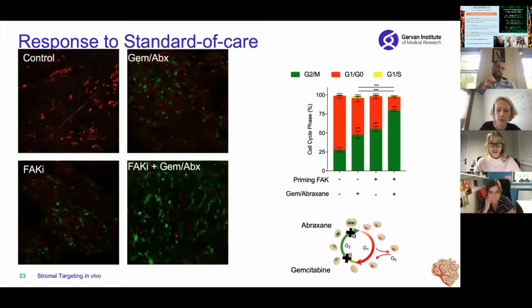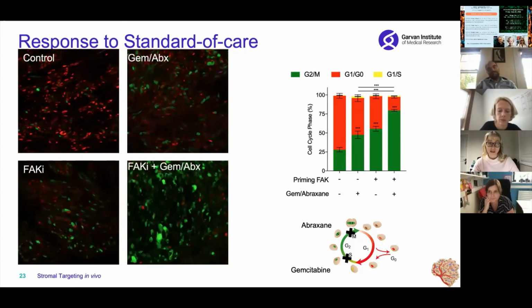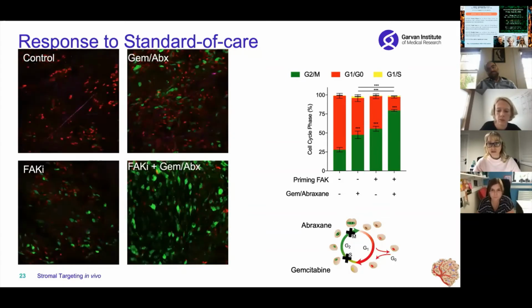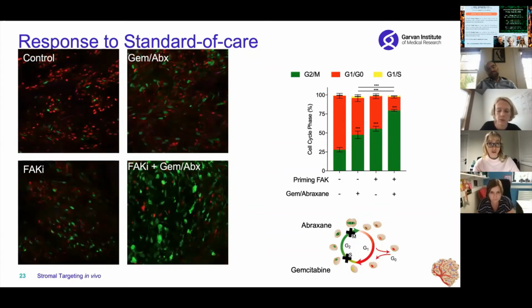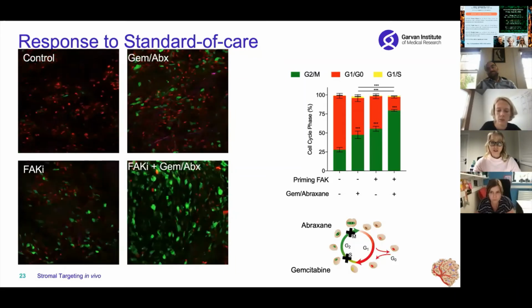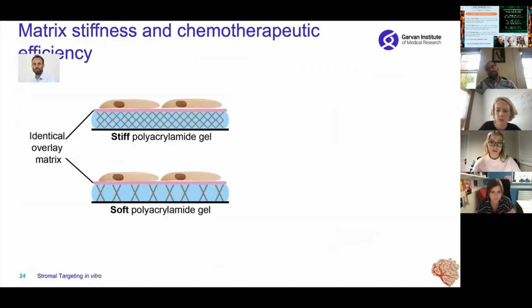Now, this stalling rendered the cells further more vulnerable to subsequent chemotherapeutic intervention. As we can see here in our combination treatment, almost the entire tumour was arrested in G2M. Now, in order to try and uncouple exactly what was happening here, we switched back to some in vitro experiments.